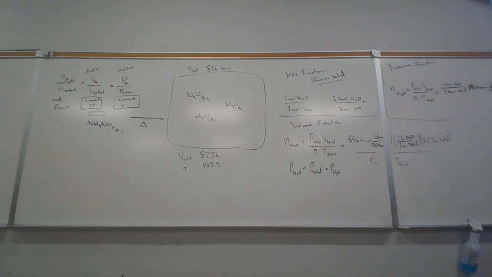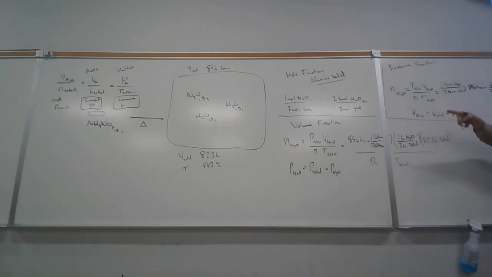The volume of N2O is going to be... is it going to be 1/3 times 82.3? Yeah, it's going to be the entire thing. And so here, when we do it this way, the volume of N2O is equal to the volume total, which is equal to the volume of the H2O.